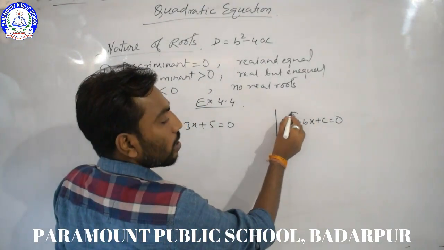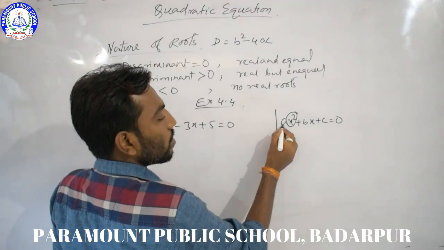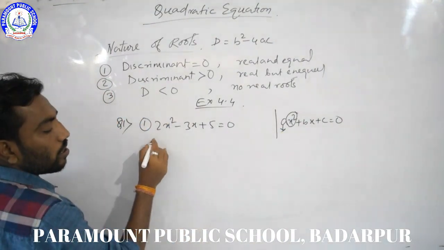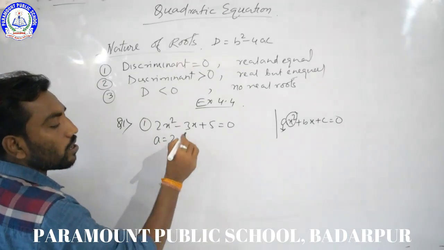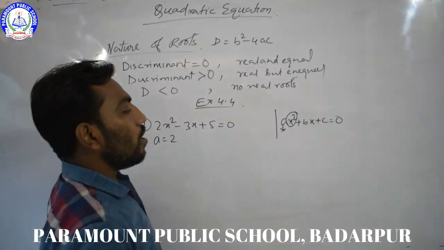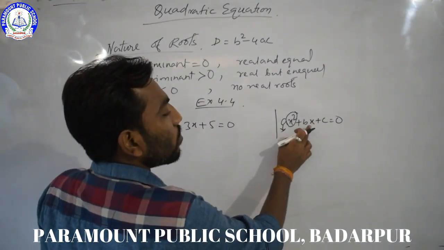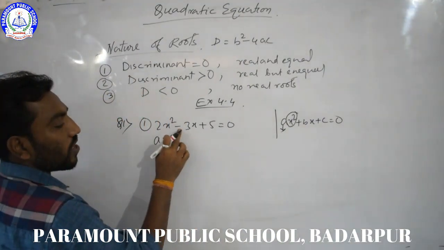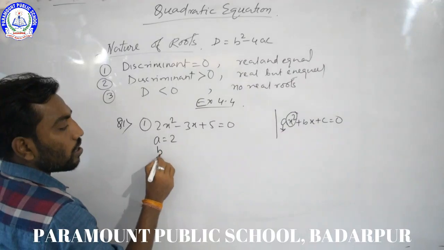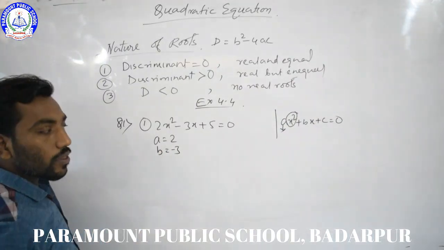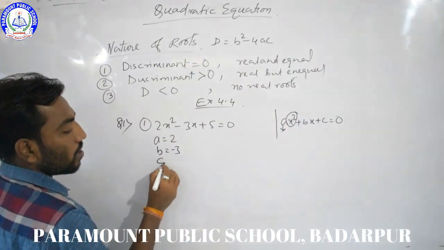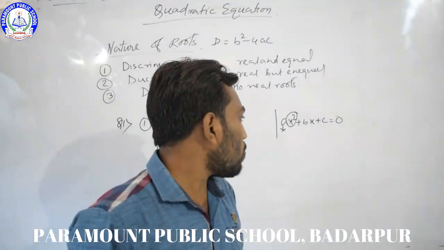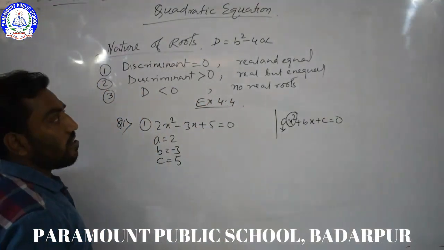That means the coefficient of x square is our a value, which is 2. Coefficient of x is our b value, which is minus 3. And the constant value is our c.